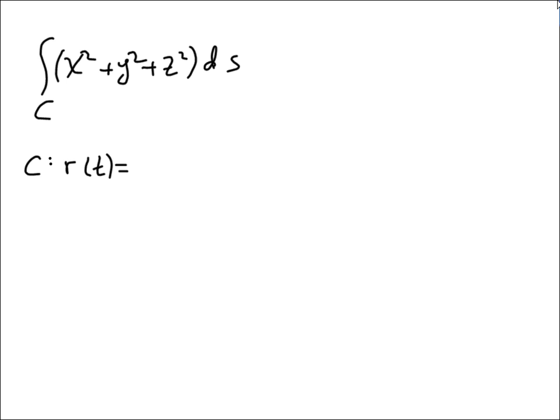Suppose you wanted to integrate x squared plus y squared plus z squared ds over some path. And the path is r of t equal to sine of t i plus cosine of t j plus 8t k.